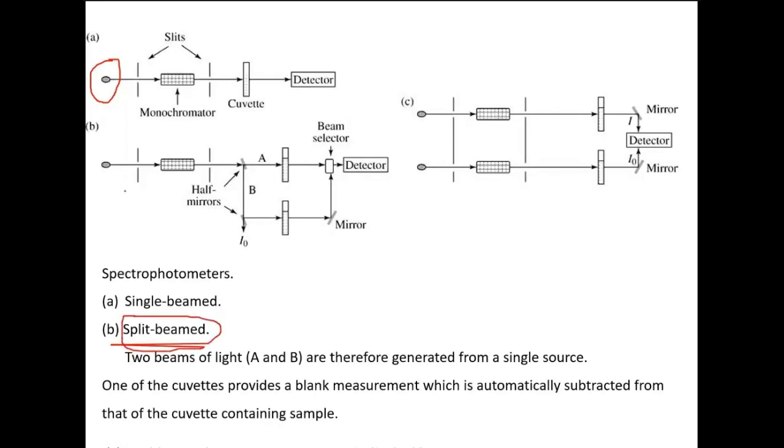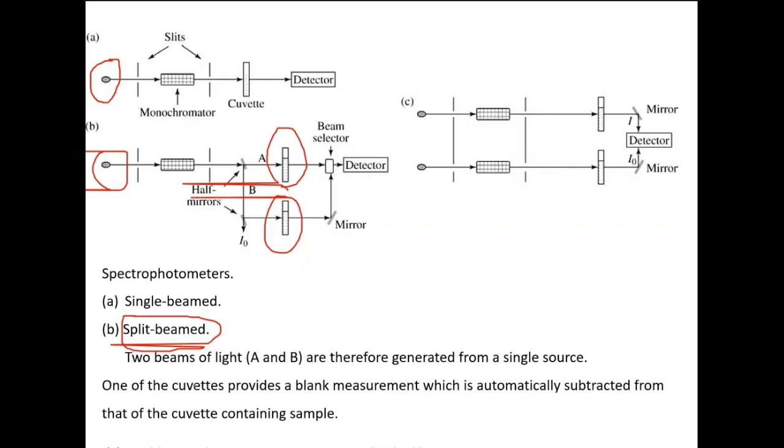The split beam spectrophotometer differs from the single beam in that one light source passes through a single monochromator, and after passing through the monochromator, the light is split into two components, which will target two different cuvettes. One cuvette corresponds to the blank measurement, the other cuvette corresponds to your sample of interest. This is called the split beam spectrophotometer.